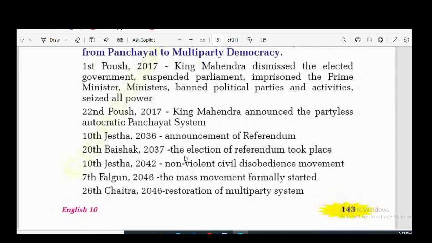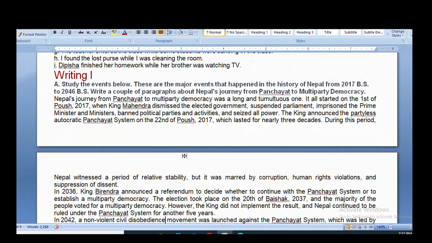to today's multi-party democracy. Nepal's journey from panchayat to multi-party democracy was a long and tumultuous one. It all started on the 1st of Pau 2017 when the late King Mahendra dismissed the elected government, suspended parliament, imprisoned the prime minister and ministers, banned political parties and activities, and seized all power.